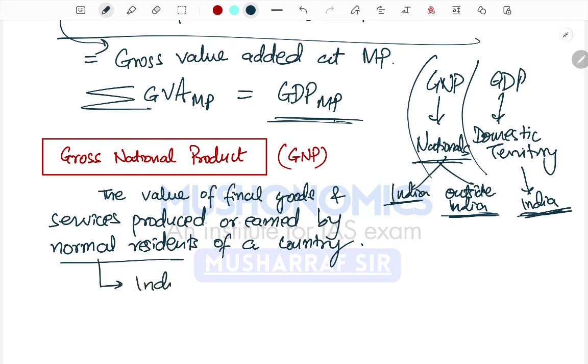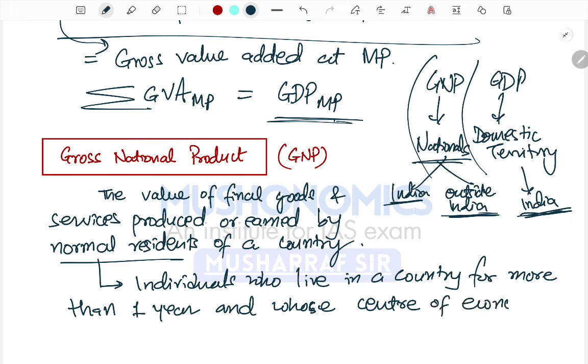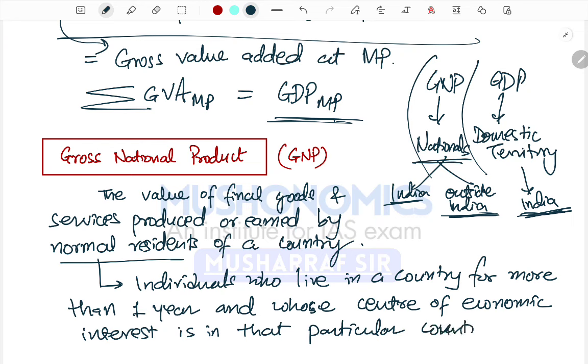Normal residents are nothing but individuals who live in a country for more than 1 year, and whose center of economic interest is in that particular country only, right? So this is known as normal residents.